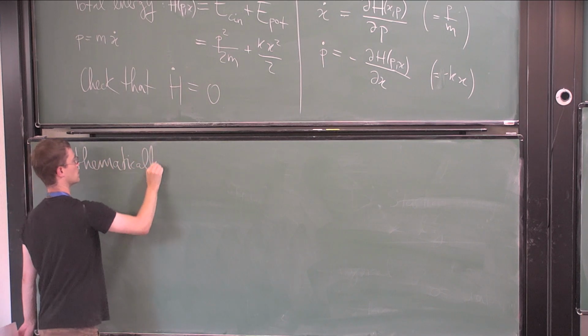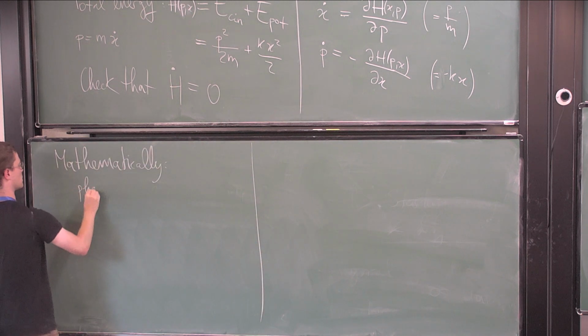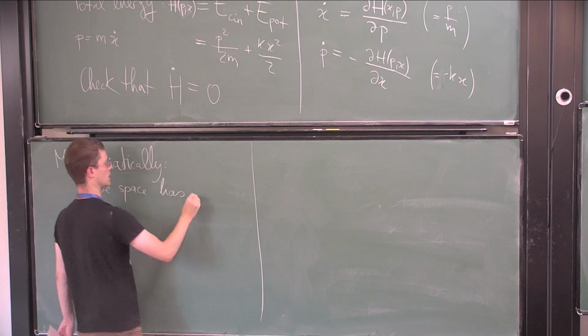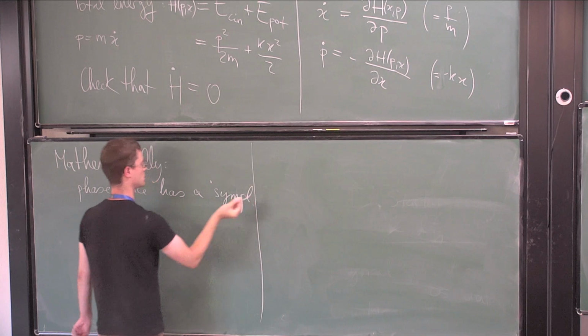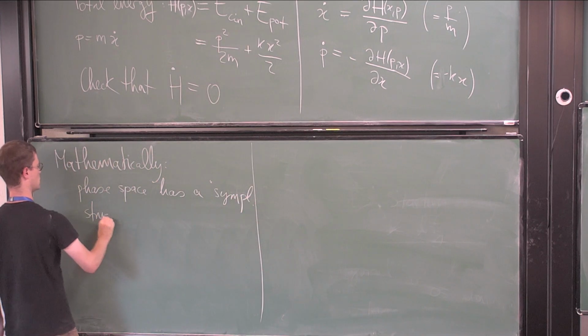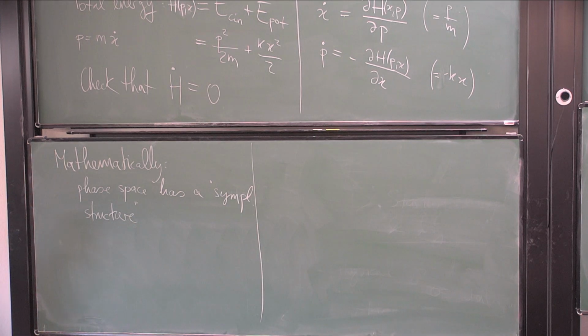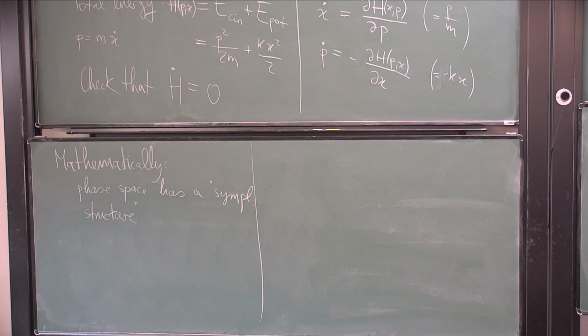Mathematically, phase space has a symplectic structure, I will define what it means, which gives this notion of conjugate variables, and the structure is preserved under the physical evolution, and this means that these areas, these slices are preserved.